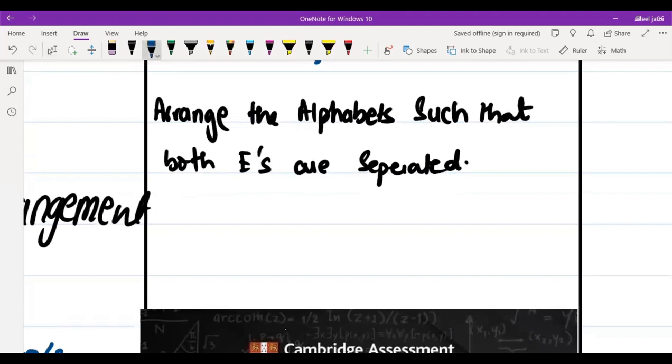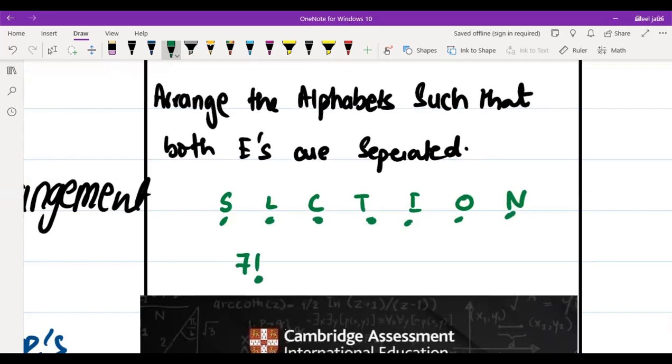So let's just say we write down the remaining alphabets S, L, C, T, I, O, N. So obviously 1, 2, 3, 4, 5, 6, 7. These alphabets will all be moving. This should be 8C1. This should be 8 factorial. And with these alphabets, how many gaps do we have? 1, 2, 3, 4, 5, 6, 7, 8.